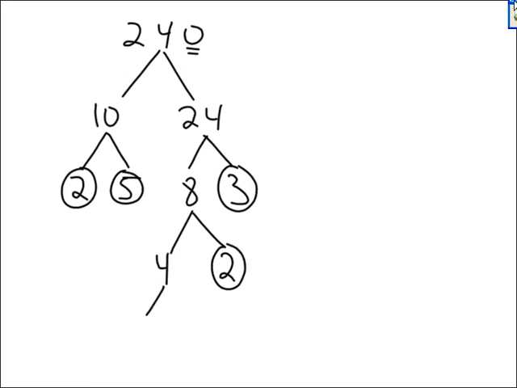The 2 is prime, the 4 is not. 4 is 2 times 2, and the 2's are prime. So we have 1, 2, 3, 4 2's.